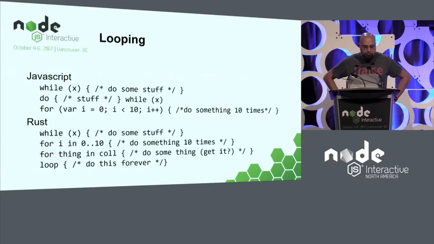In this case, if we want to do a count, we can use a range, and a range is defined in this way. We have 0..10, so it'll do 0 through 9. And then if we have a normal collection, we can just grab thing from the collection and do something with it. And then loop is kind of a shorthand for while true.